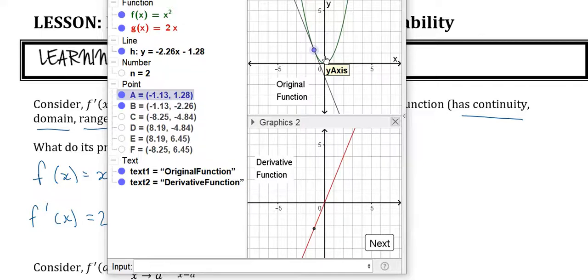So what is true of the slope of the tangent now? It's negative, exactly. And what is true of the point on the derivative function? The y value is negative. It's below the x-axis. When I go back to this side, it's above the x-axis. What's the property of the derivative function when I'm going around the vertex?